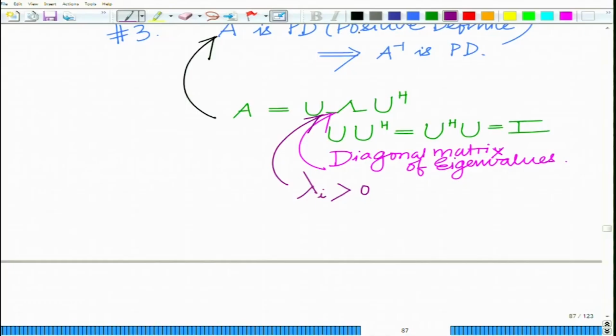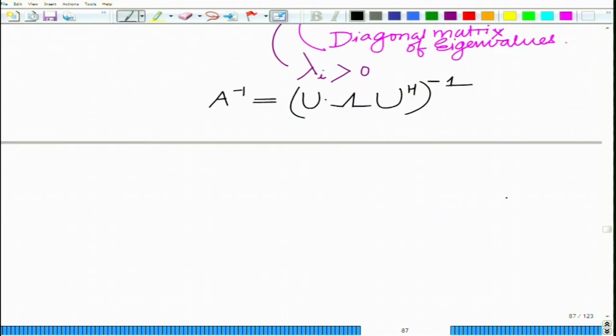And therefore, now if you look at A inverse, it is rather easy to see A inverse equals U lambda U Hermitian inverse, which is basically U Hermitian inverse times lambda inverse times U inverse.